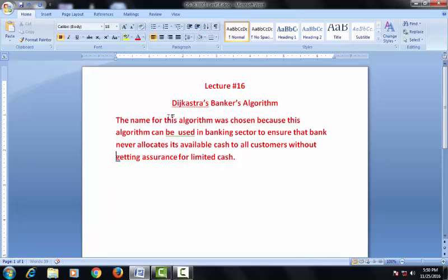So in order to achieve Dijkstra's banker's algorithm, we have to use many data structures, and we require some data structures which implement the banker's algorithm.